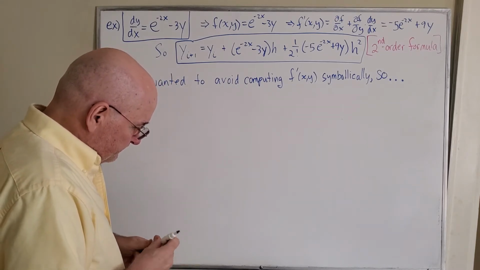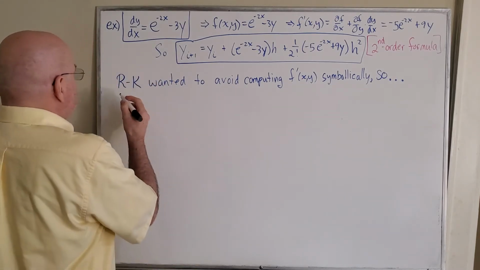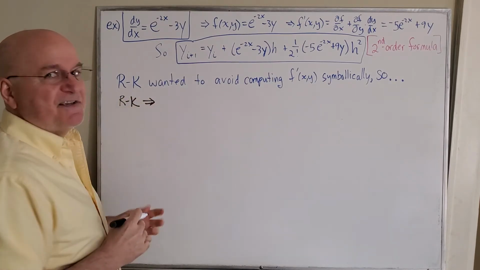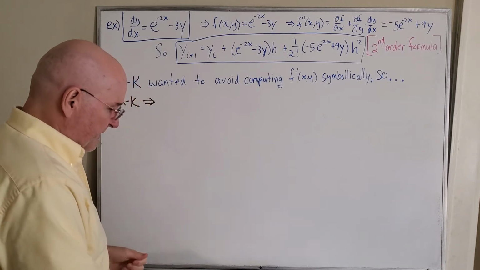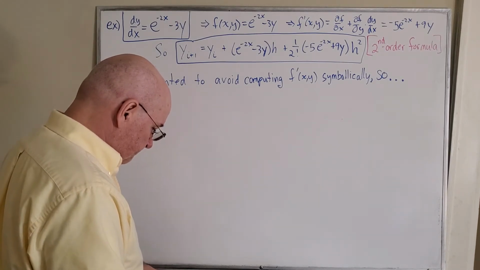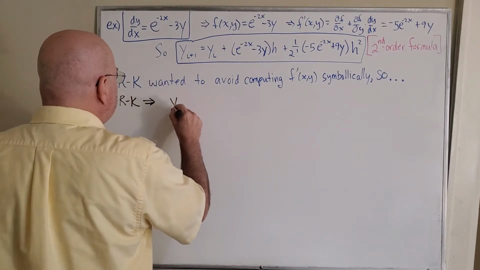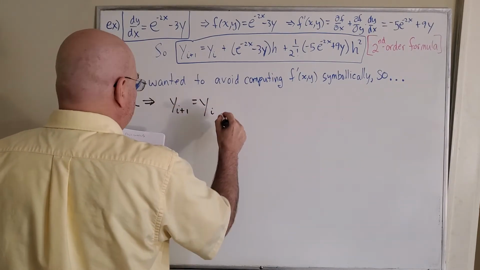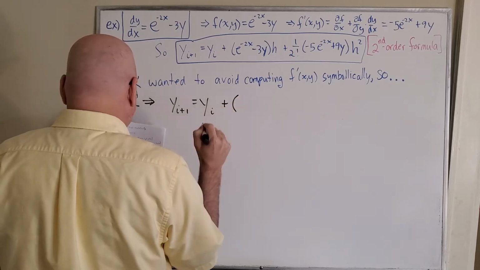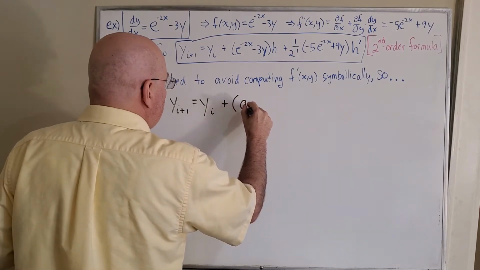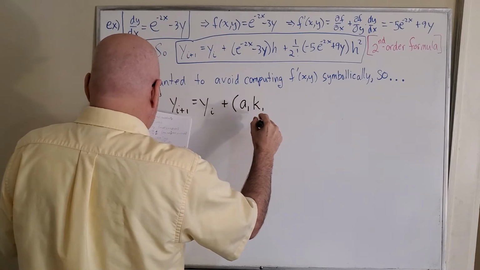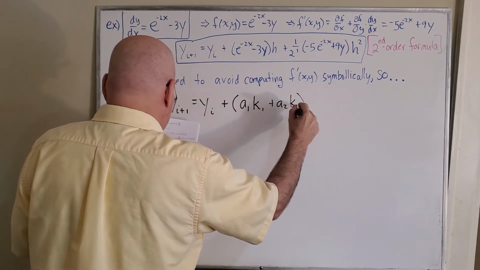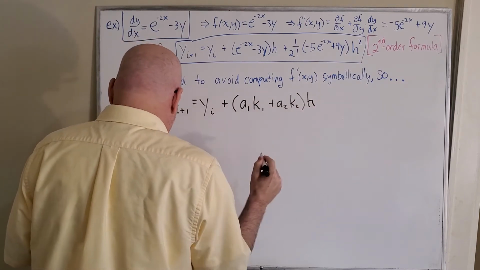So they came up with this formula: y_{i+1} is y_i, just like before, plus a1 k1 plus a2 k2 times h.